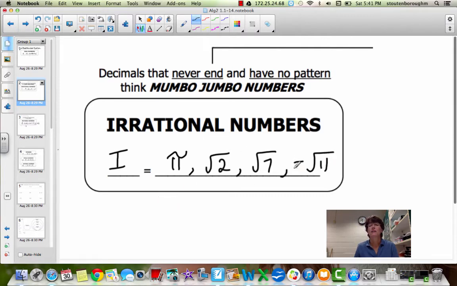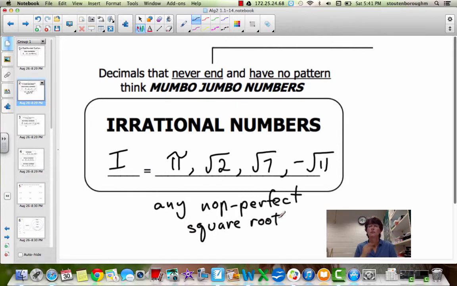With these square roots, any non-perfect square root is considered an irrational number.